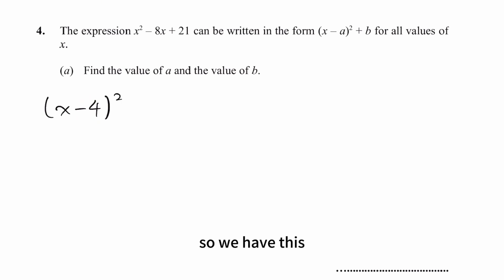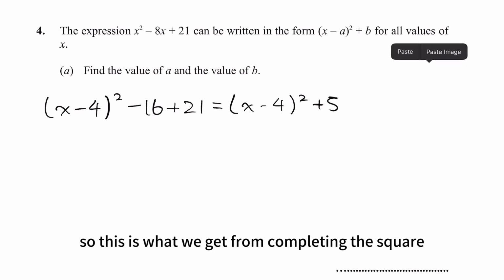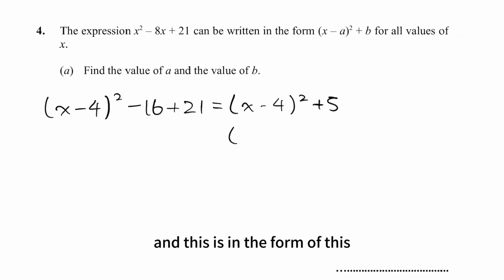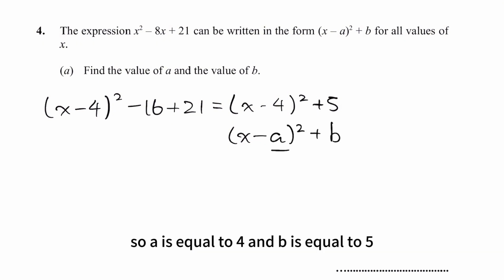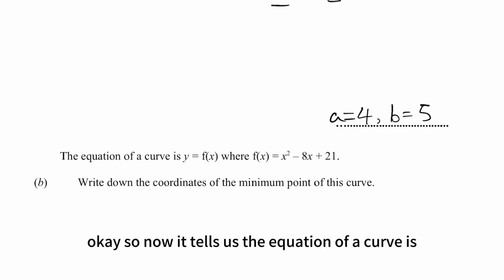So we have this. All right, so this is what we get from completing the square, and this is in the form of this. So a is equal to 4 and b is equal to 5.